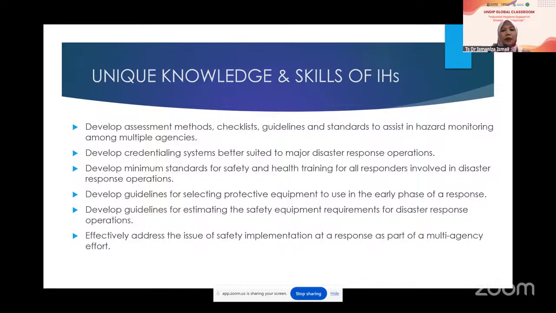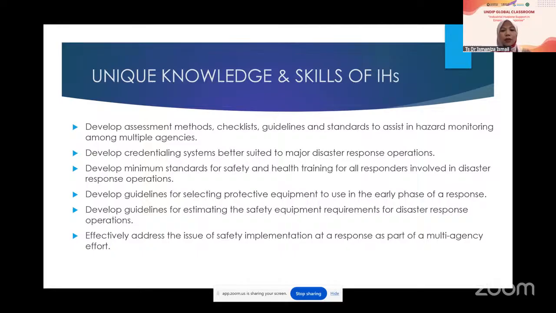Police would control who can go in, trying to prevent more people from being affected. The medical team would be there to treat those sick people who are affected, but the hygienist helps bring them in order. So we develop checklists so that nothing is missed. We can also develop guidelines so decisions are faster, and standards so that safety is consistent, safety and health. Because in emergencies confusion is dangerous, we want to be sure of what we are doing.